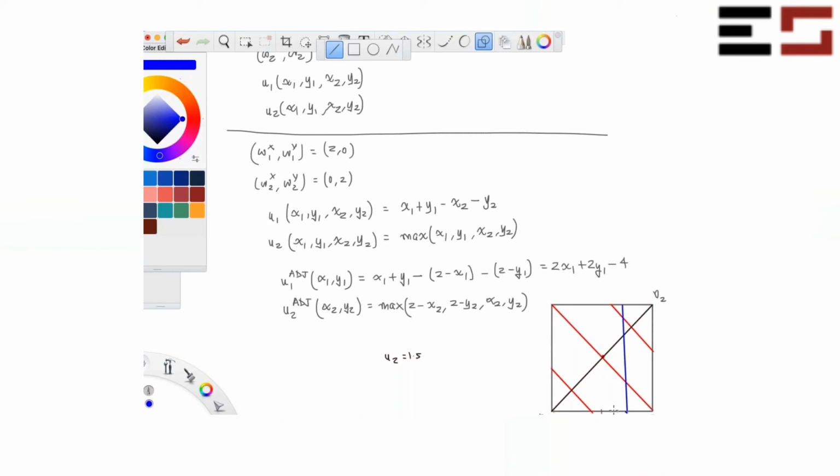So if you want to plot y1 equal to 1.5, you can look at this intersection.